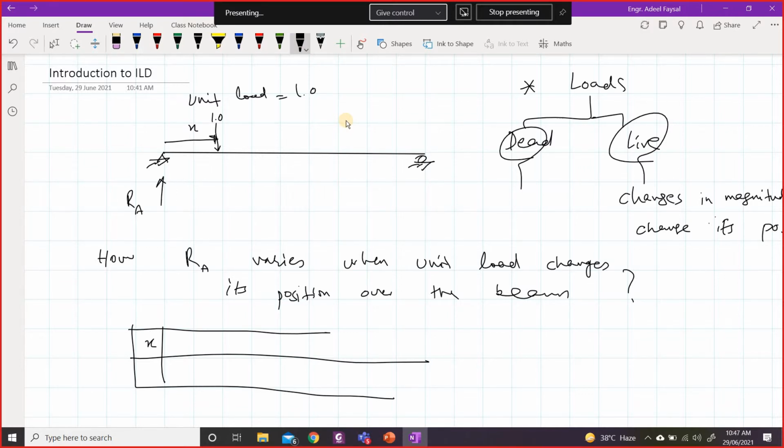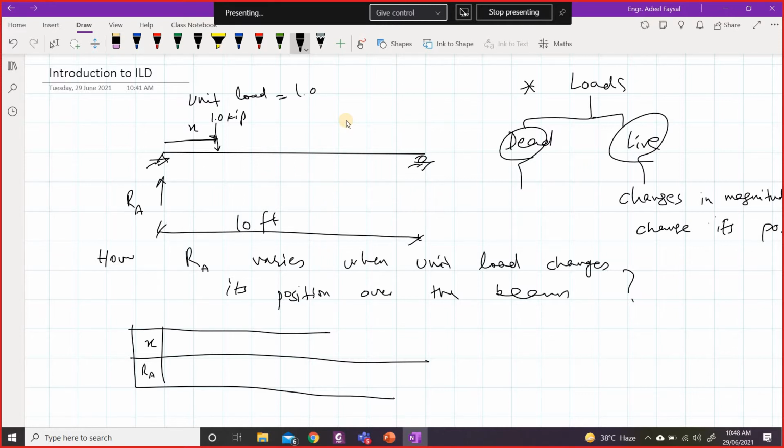So maybe x and then RA. Let's say this has a span of 10 meters or maybe 10 feet, whatever you like, and this would be a 1 kip load. Then I can calculate what would be RA.